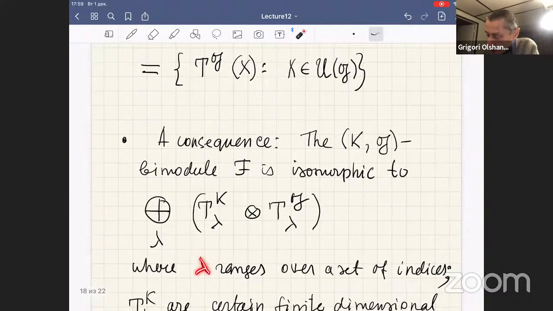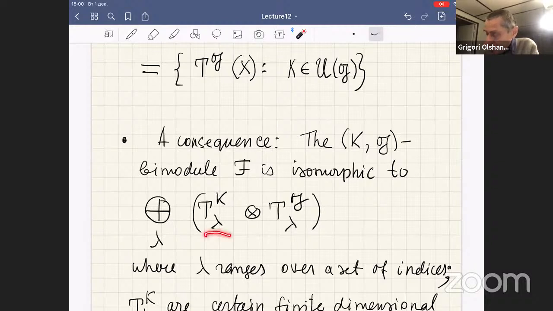Here, lambda ranges over some set of indices, actually some positive signatures, because these are irreducible representations of the orthogonal group, and then we have positive signatures of a unitary group. Then we have some signatures of general type of a symplectic group. And again, lambda is some positive signature.